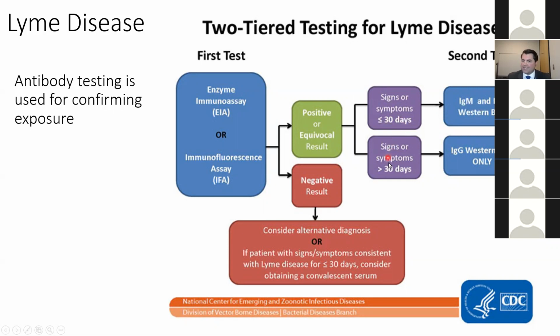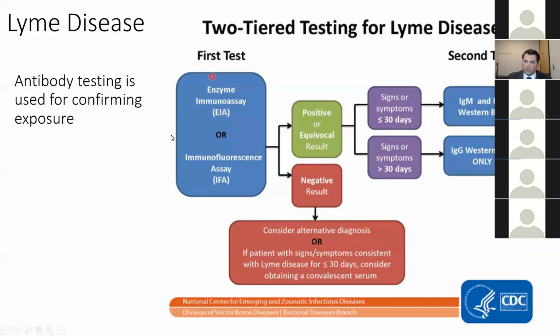And if it's late, if it's been longer than about a month, if they're presenting 2 months later and they say, I realized that I went to Wisconsin and I've been feeling okay, but all of a sudden I'm feeling these symptoms that are consistent with Lyme disease, or they were in an area with Lyme disease and they know they were bitten by ticks, then it would make sense to test, but you would test that patient with IgG only and not IgM. The reason is that if you test with both and IgM is positive and IgG is negative, then you most likely have a false positive.